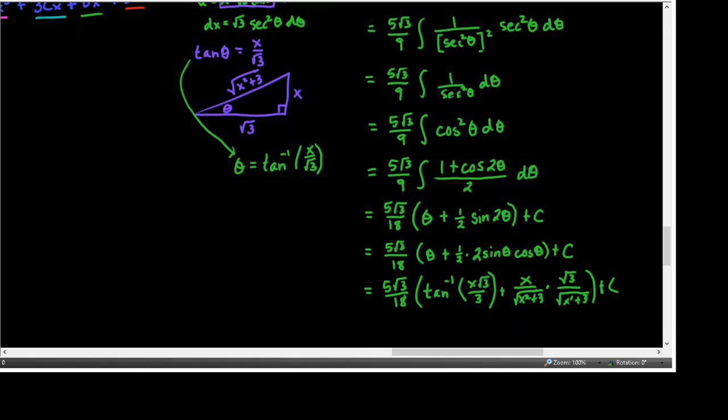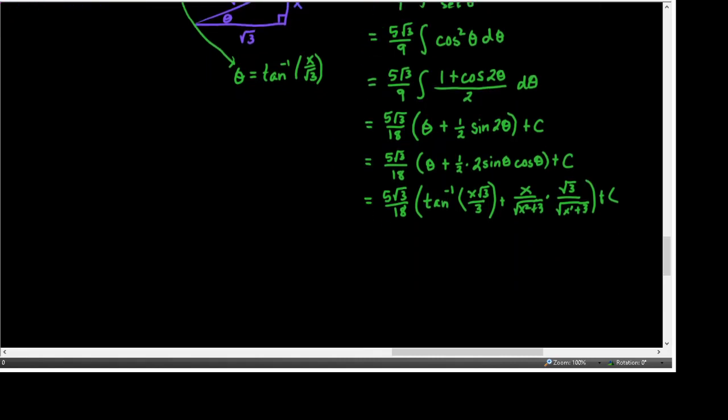Okay, so let's simplify. Distributing the number that's in front, this will be 5 square roots of 3 over 18 times tangent inverse of x square roots of 3 over 3 plus the 5 square roots of 3 times the square root of 3 in that last fraction will be 5 times 3, so that'll be 15 over 18.